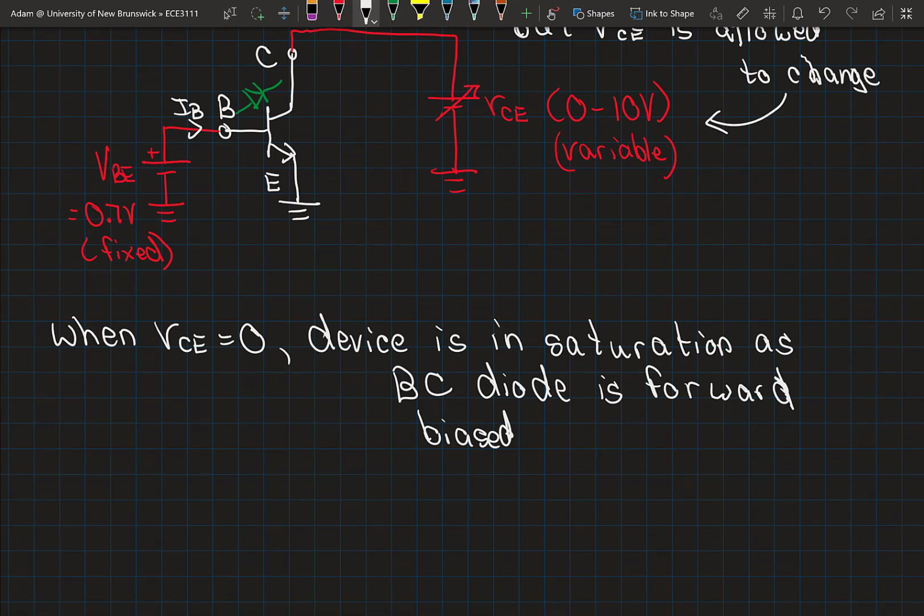Okay, and we know that as VCE approaches VCE sat, which is about 0.2 volts, the device will enter forward active mode.